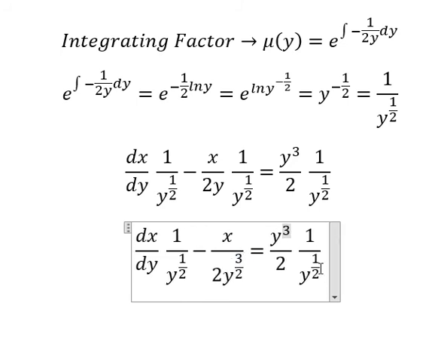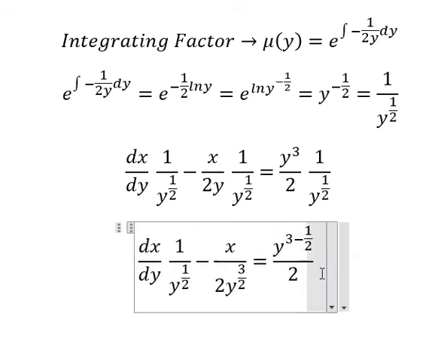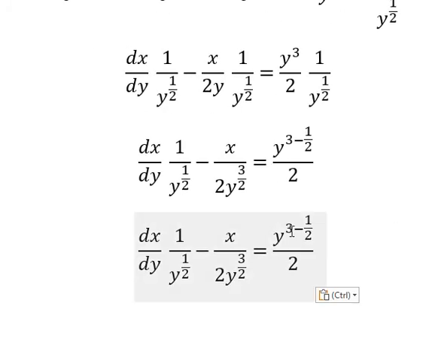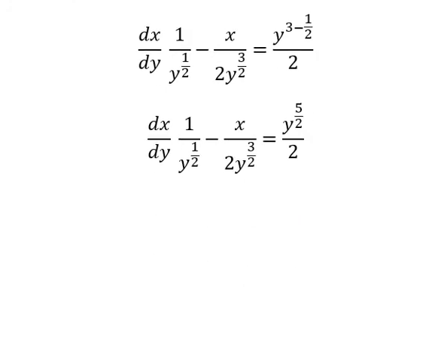Number 3 divided by y to the power of 1 over 2. We have 3 minus 1 over 2. So this one we have 5 over 2. Next, I will put the integration for both sides.